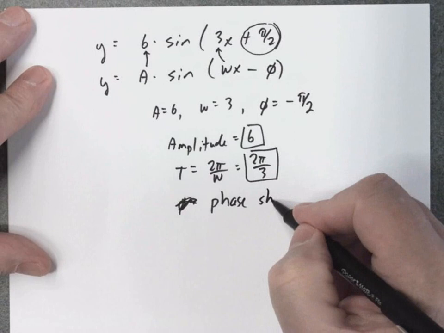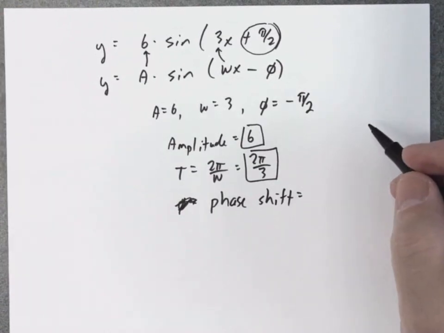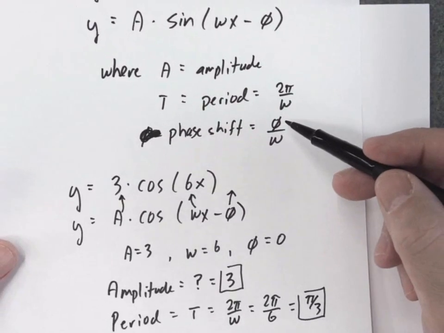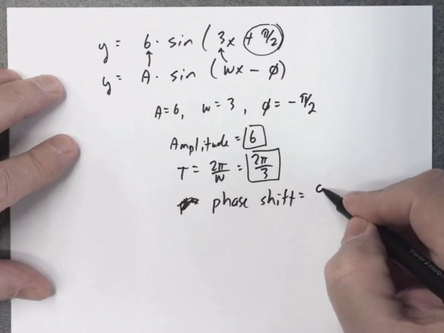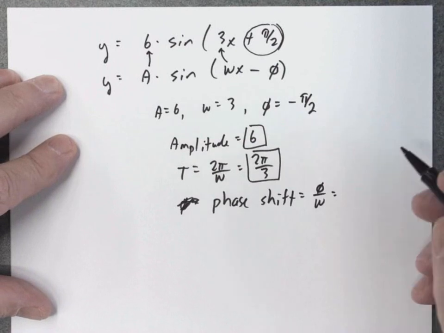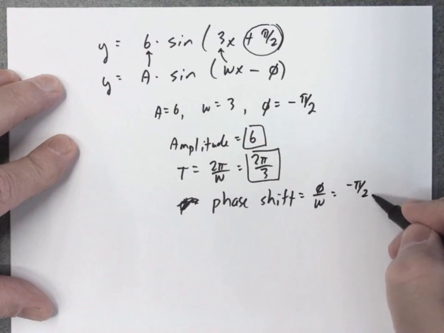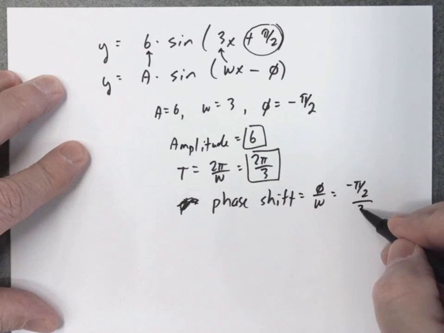A phase shift, once again, way back at the start, the equation for the phase shift is phi over omega. So phi is negative pi over 2, and omega is 3.